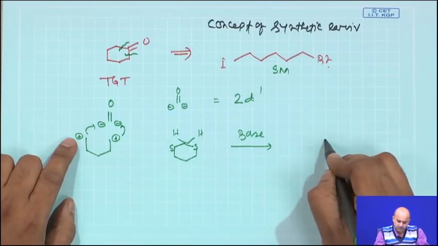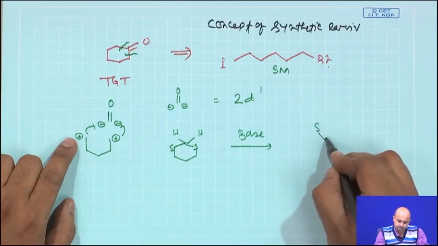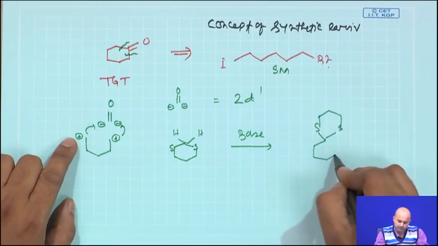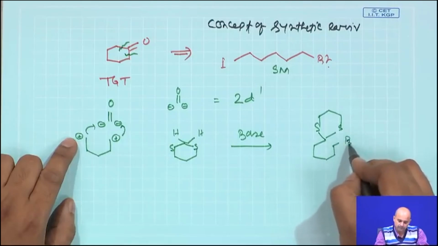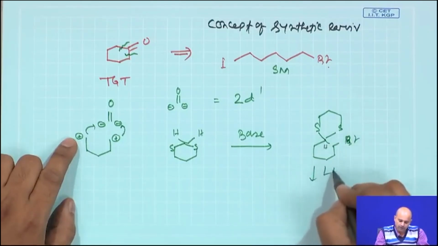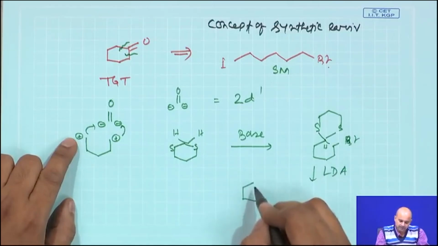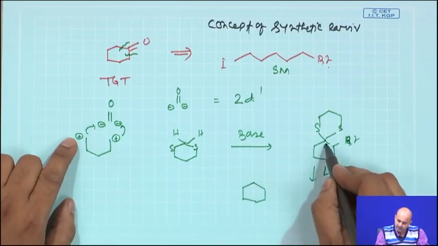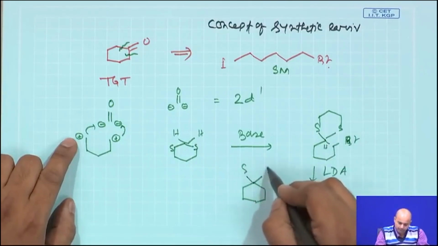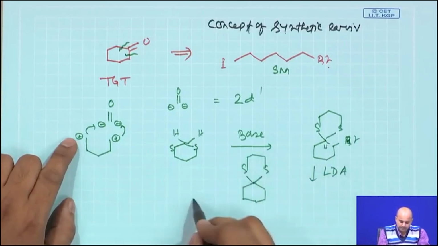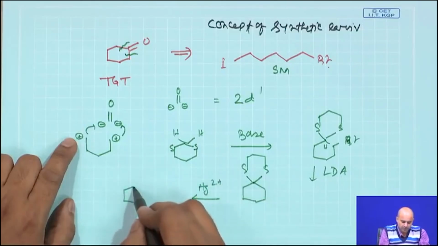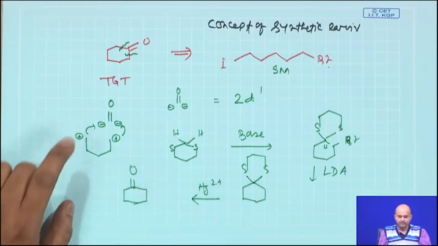So, you first react with this and you get this compound, with the bromo. This hydrogen remains here, you react with 1 equivalent of base further, which generates the anion, and you then make the carbon-carbon bond, and you cleave with Hg2 plus, which completes the synthesis.